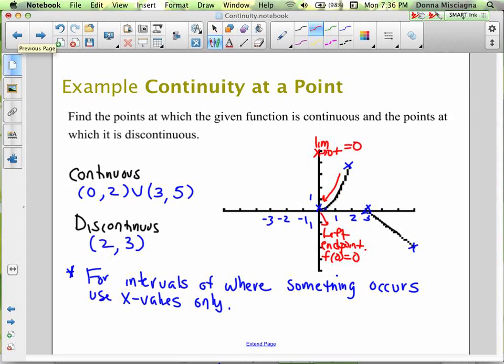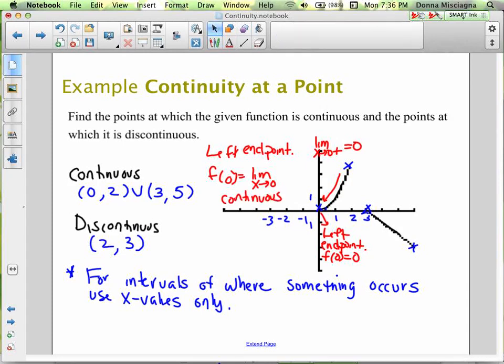So for our left endpoint, f of 0 equals the limit as x approaches 0, so our left endpoint is continuous. And so we can take away the parentheses and give it a bracket. You're included, 0. You get to come along.